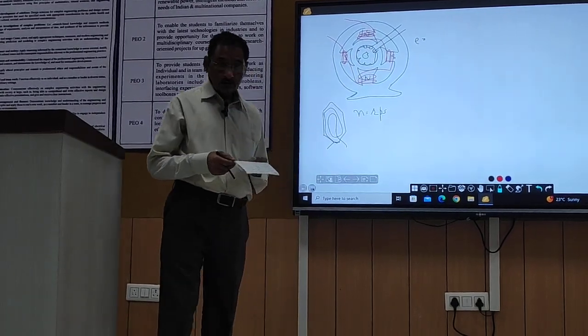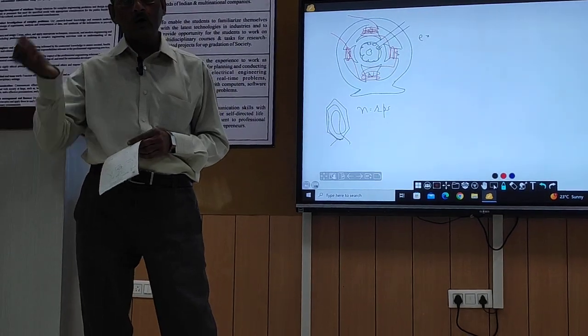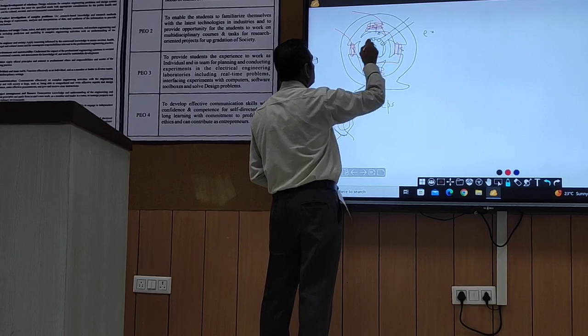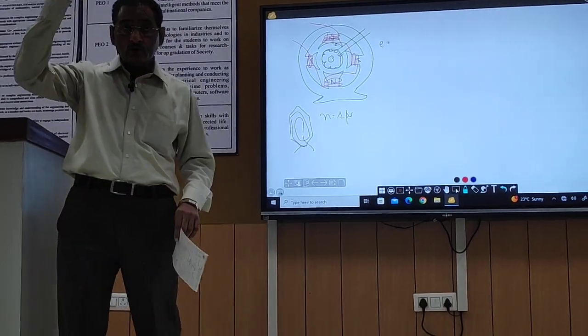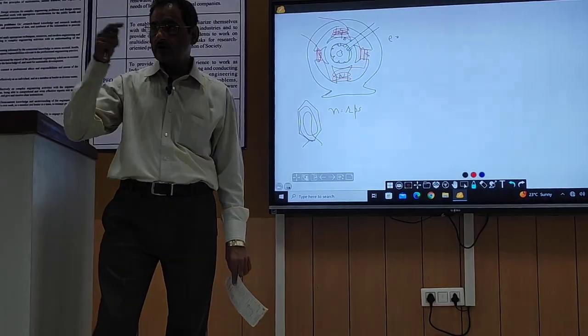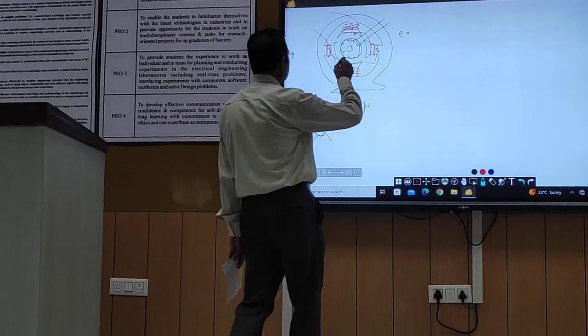what will be the flux? See here, the flux per pole is phi, and if there are P number of poles, so what is the total flux in one rotation that will be cut by this conductor? Say one conductor is here.